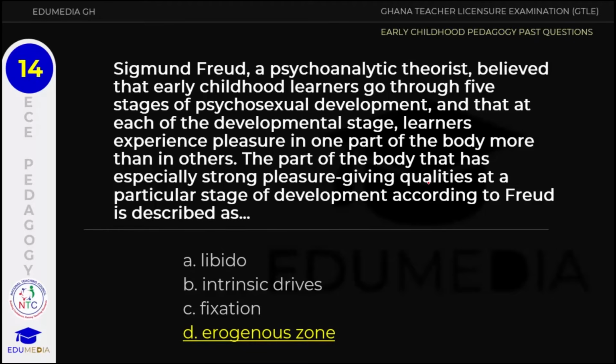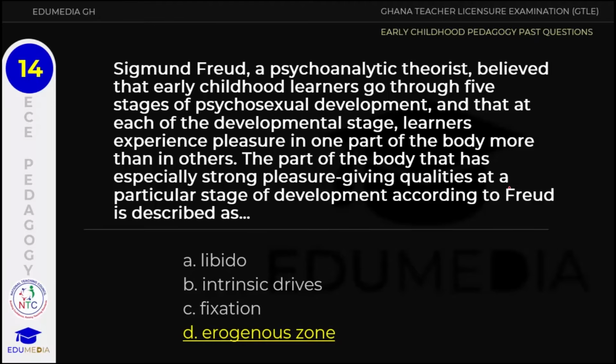So according to Freud, an erogenous zone is an area of the body that is particularly sensitive to stimulation and serves as a source of pleasure during each psychosexual stage of development. He identified 5 erogenous zones.